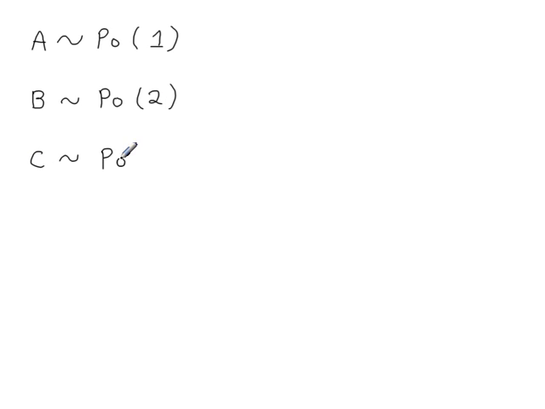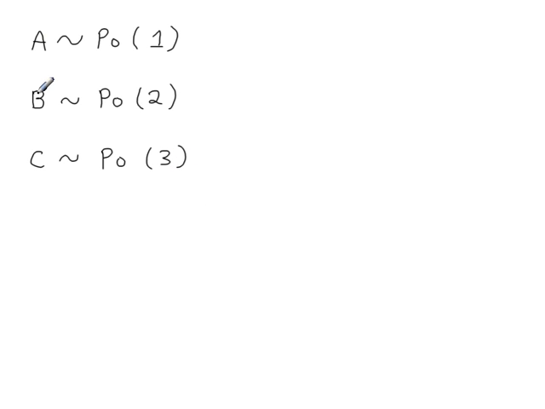In this example, we look at a number of Poisson distributions. This is a Poisson distribution representing the discrete random variable A that has a value of lambda equal to 1. We have a discrete random variable B that has a lambda value of 2, and we have a discrete random variable C that has a lambda value of 3.